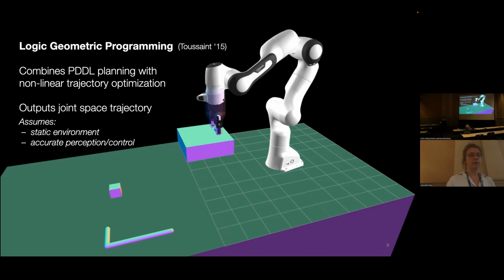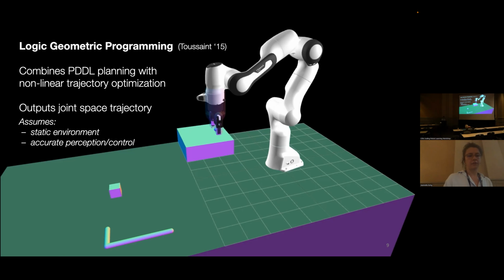And these are only valid as long as the environment is static and perception and control are highly accurate. And if something changes, such as the position of the small box, for example, then the joint configuration in the original plan for grasping that box is no longer valid. And so if we were to use this algorithm, the robot would need to stop and take several minutes again.